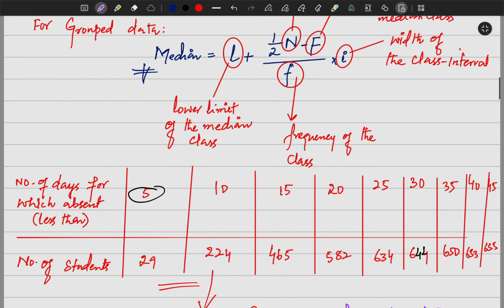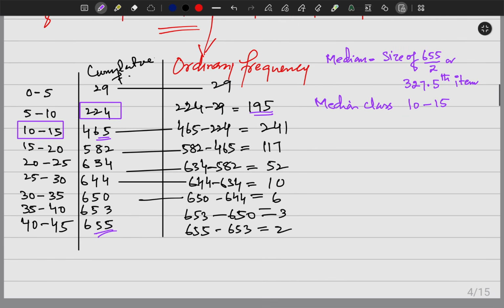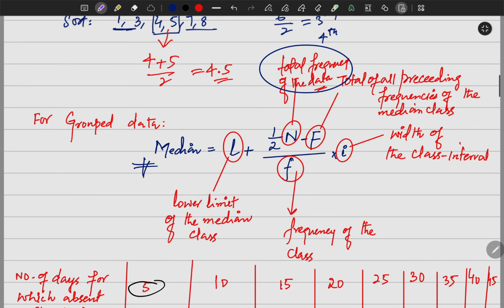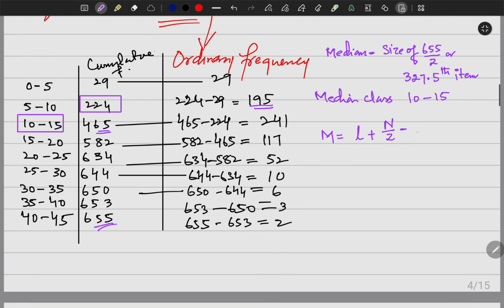Now we have to analyze it on this. So then what is the median? L, lower limit of the median class. So what lower limit is here? 10. Okay. So we have the median as lower limit of the class plus n by 2 minus c, that's the preceding cumulative frequency, divided by f, into i. So median class is 10 to 15, so it is 10 plus n.